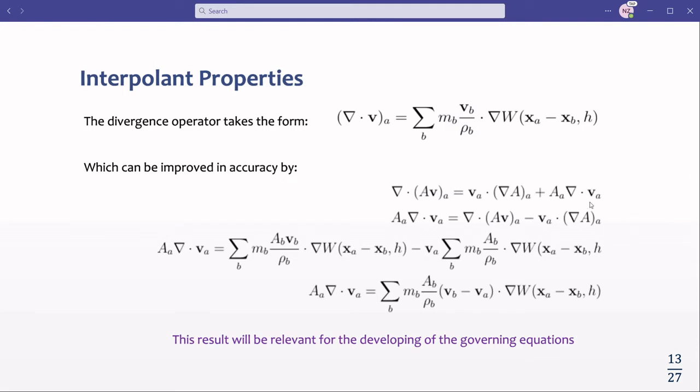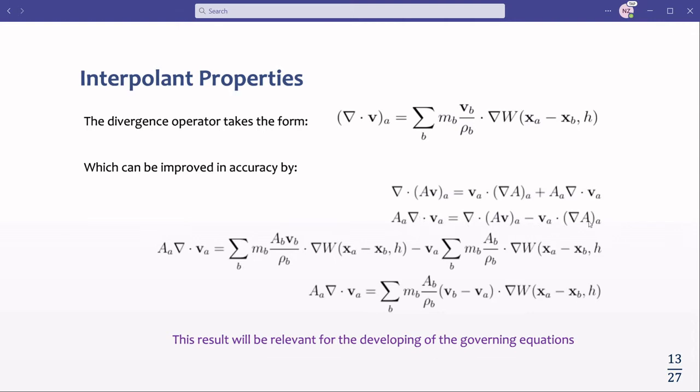And so this V_a means the velocity vector at location a. So now we can take to the left what we need to compute, that is the gradient of the velocity, the divergence of the velocity field.